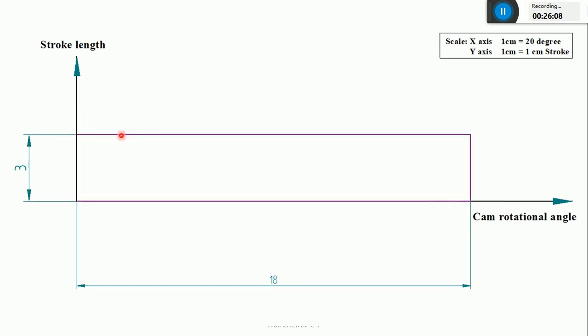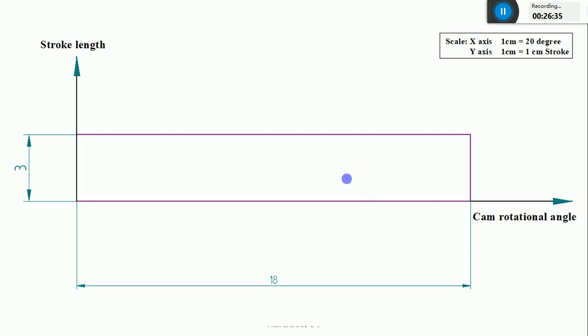You are plotting the distance traveled by the follower for different angles: for the first 120 degree, what is the distance, and for the next 60? You are plotting the follower distance corresponding to the cam rotation.